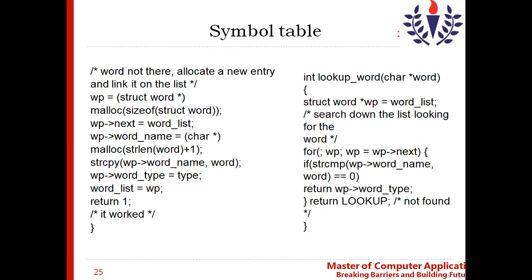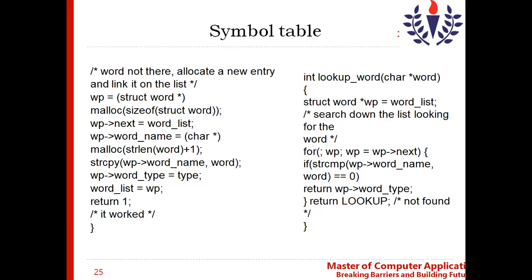So it returns the word type. Since the return type of lookup word is int, it returns the type. If not, it returns the lookup value, which is nothing but 0, meaning that the particular word is not there at all.